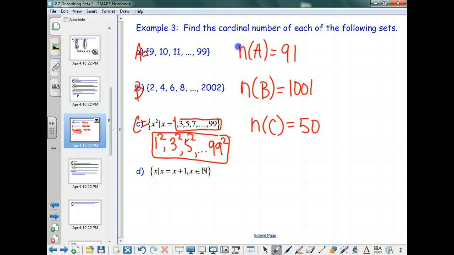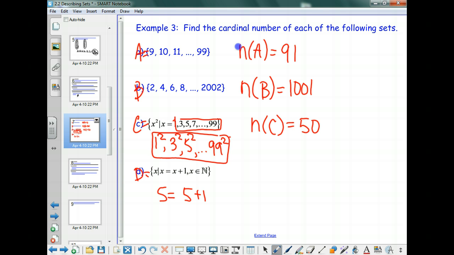All right, how about D? D says that I want to consider all of the numbers where the number equals itself plus 1. So let me pick a random number, 5. Does 5 equal itself plus 1?